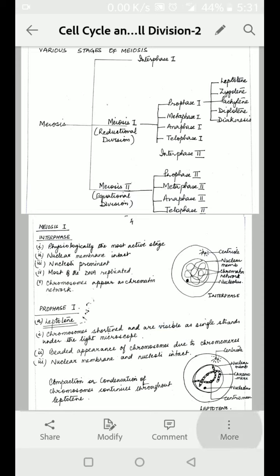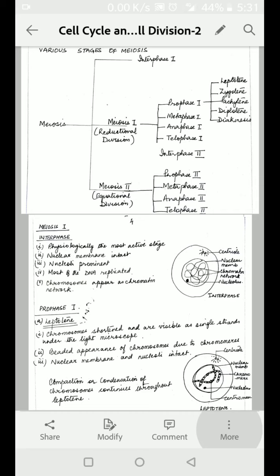Here the nuclear membrane remains intact, the nucleoli are prominent, and DNA, important point, DNA gets replicated, and chromosomes are in the form of chromatids. They appear as a pair of chromatids, which were actually present as a network called the chromatin network. Then the cell enters the dividing phase and meiosis 1 takes place.